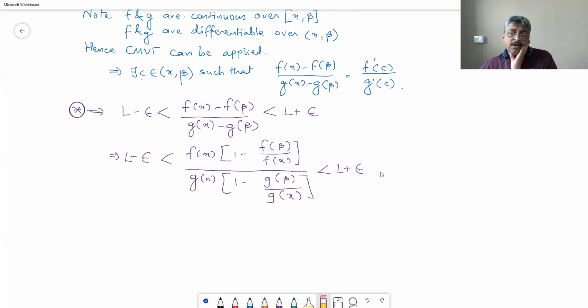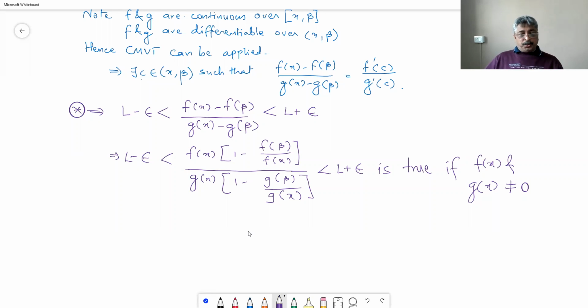So what remains to prove is, let me write down, is true if f of x and g of x are never equal to 0. Okay, so I am keeping this pending right now. Unless I prove this, I will not be able to write down this step.